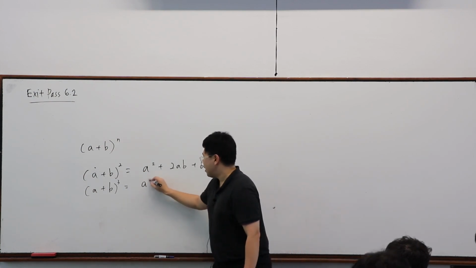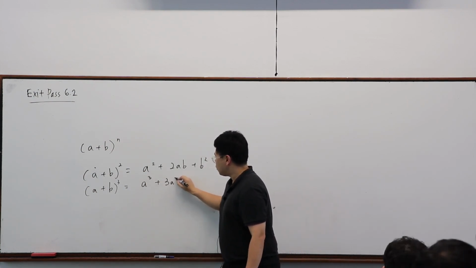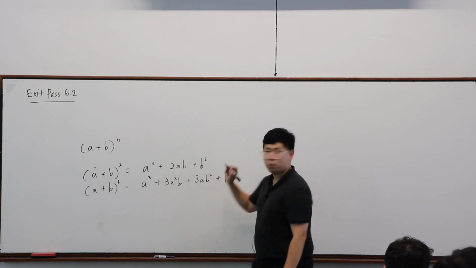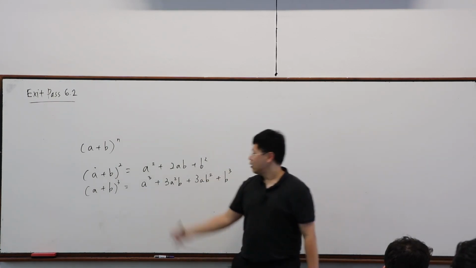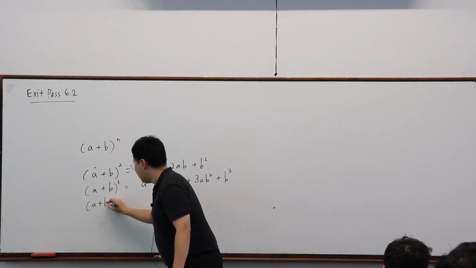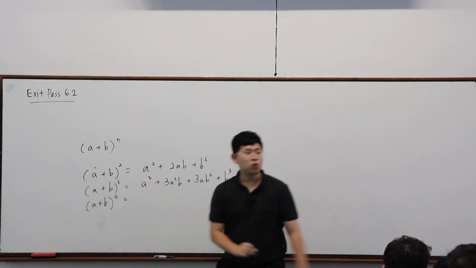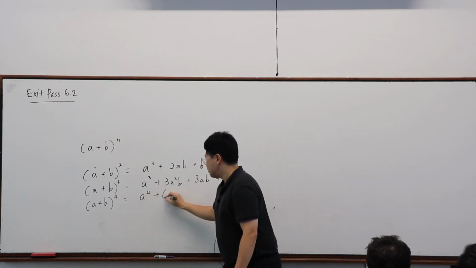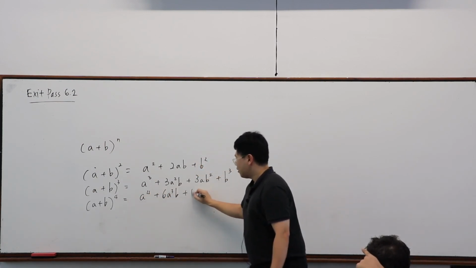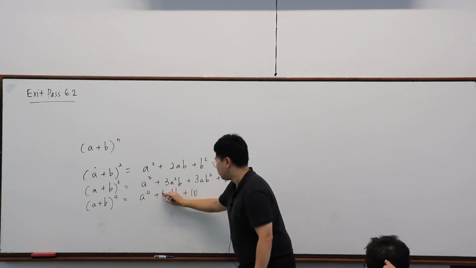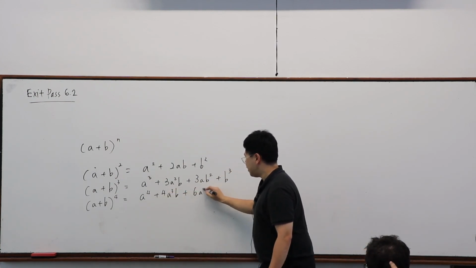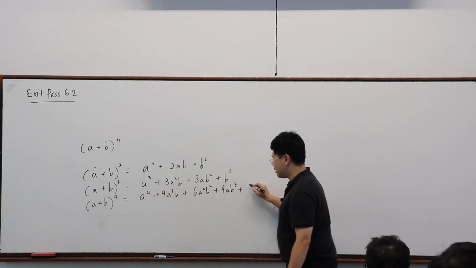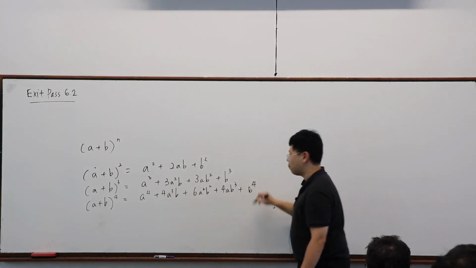Then we have a cube, 3a square b plus 3ab square plus b cube. Then when we go to a power of 4, what happens? This is a power 4, 6a square b square, plus 4ab cube plus b power 4.